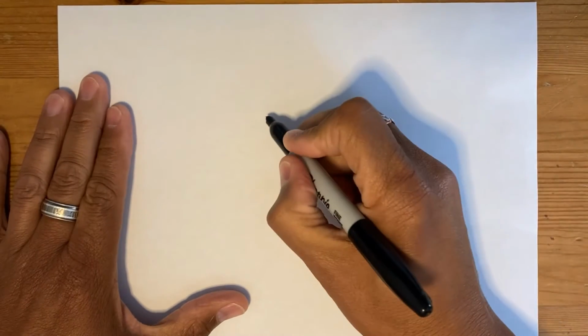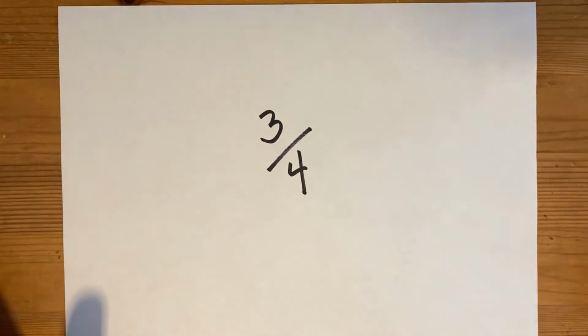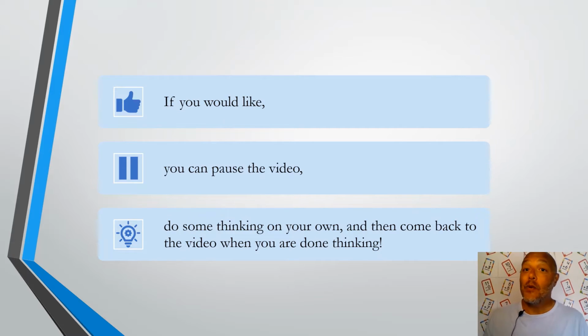What do you notice? Now take a minute and see how many equivalent fractions you can write for 3/4. If you would like, you can pause the video, do some thinking on your own, and then come back to the video when you are done thinking.